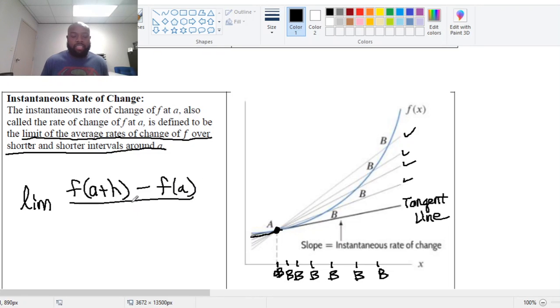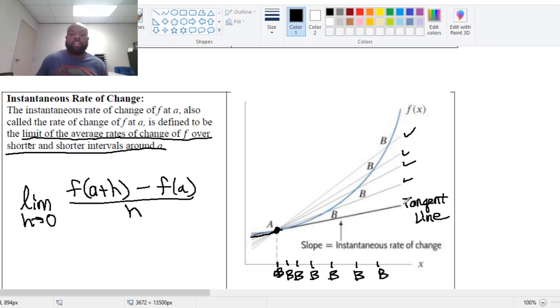Remember, we use a plus h for b, and so we got h there. We're just going to take the limit as h approaches 0. That's equivalent to picking a bunch of b's that are closer and closer to a in order for us to get the instantaneous rate of change.